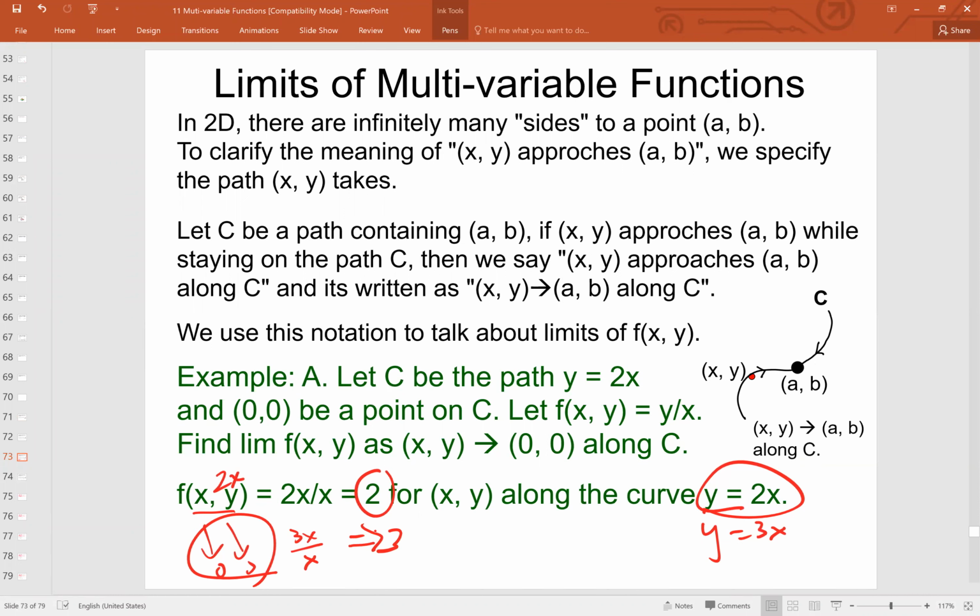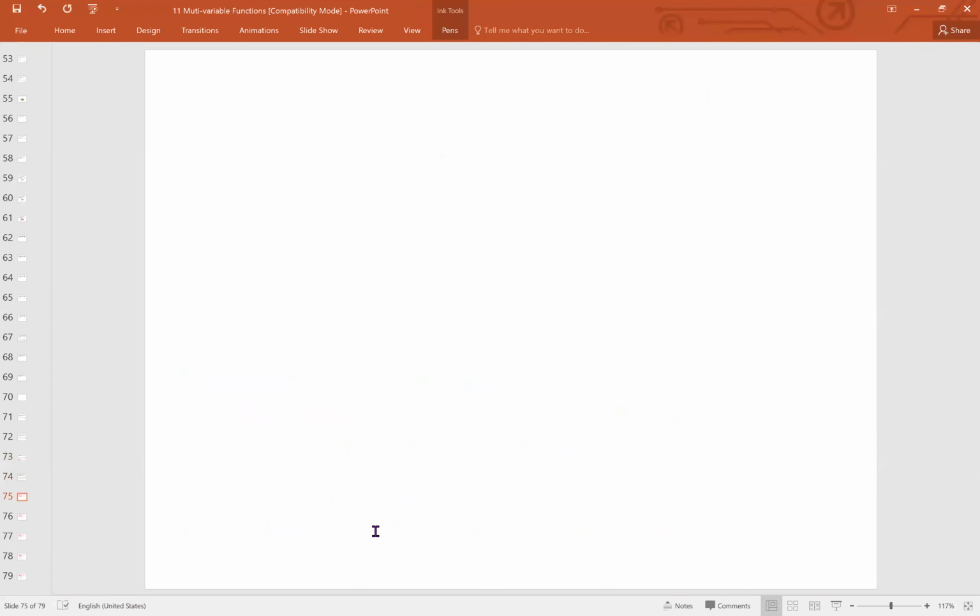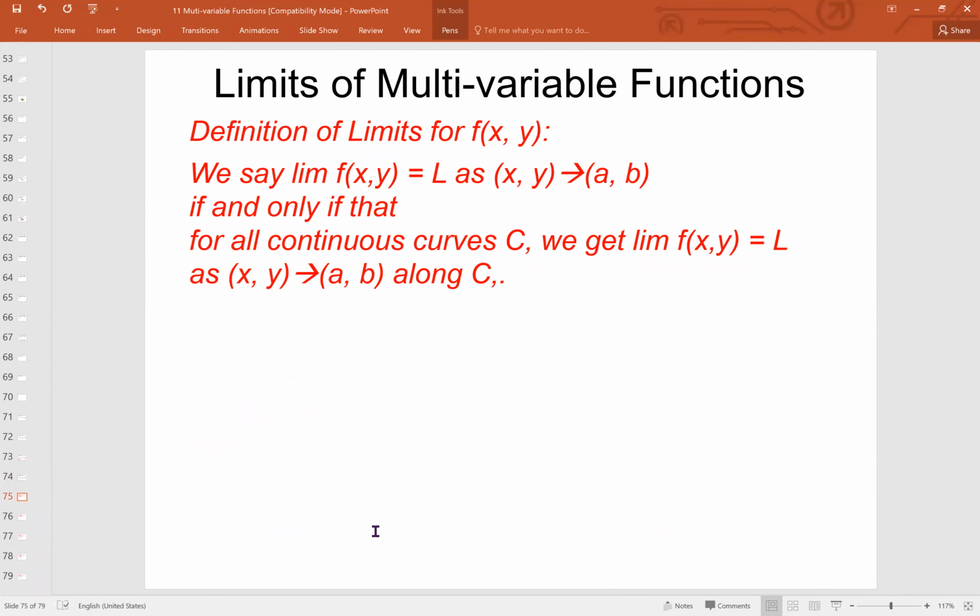So in order for us to define what a limit is, we require the following. It doesn't matter which continuous curve you take through (a, b); the limit of f(x, y) approaching along that curve is equal to the limit along every other curve, equal to some number L. Then we say the limit exists.